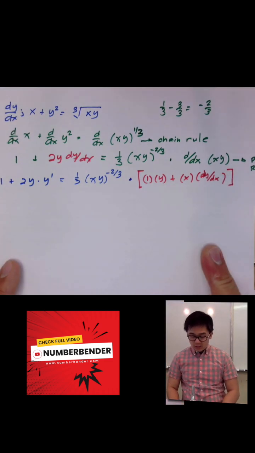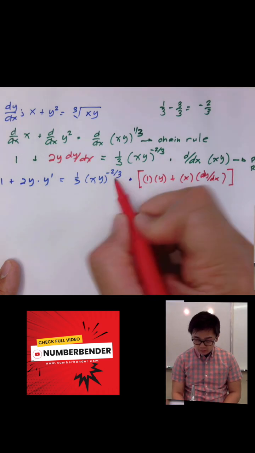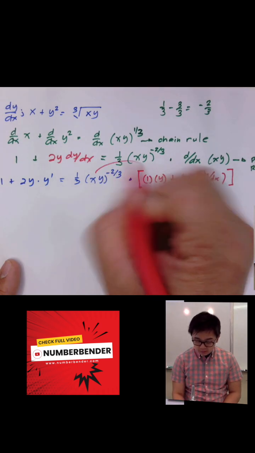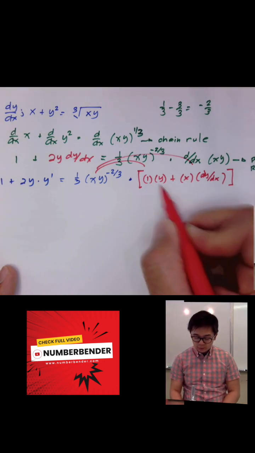And this is now my product rule. So what I'm going to do is to distribute this term right here to x dy/dx and to my y.